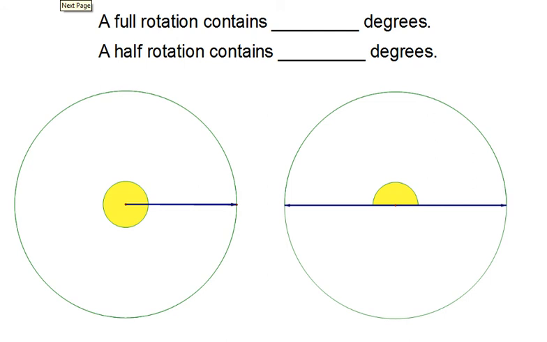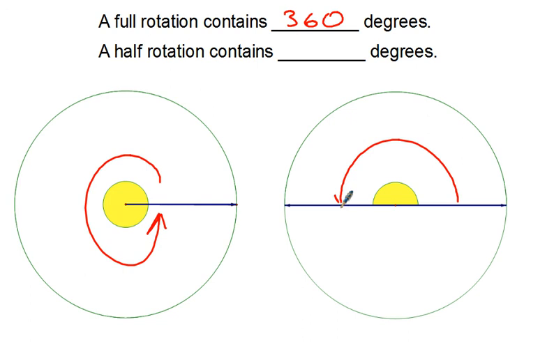When we're talking about angles formed by intersecting lines, we need to know something about the number of degrees in a straight line. So let's just recall that a full rotation consists of 360 degrees, and therefore a half rotation would be half of 360, which is 180 degrees.